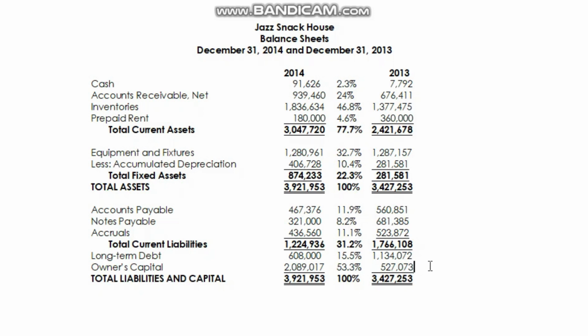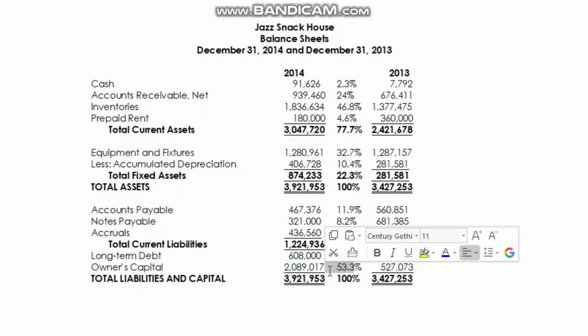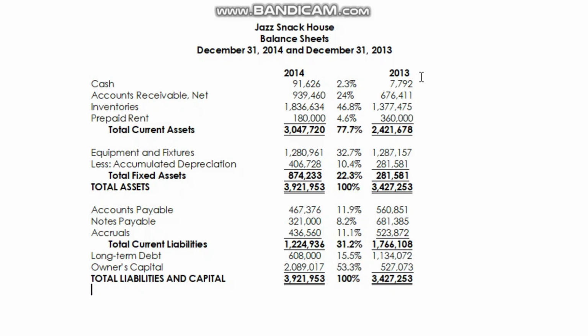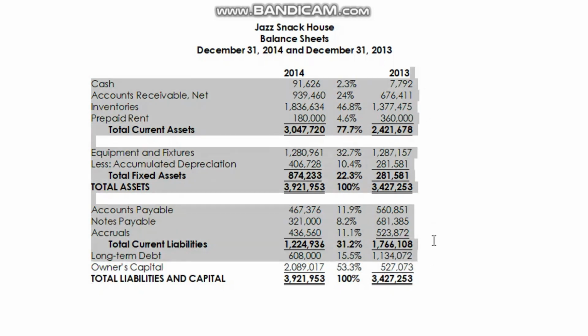The owner's capital increased to 53.3%. There would be further ratio analysis to check whether this change in capital structure is good or bad. But again, you have to compute first for 2013 to see those changes.